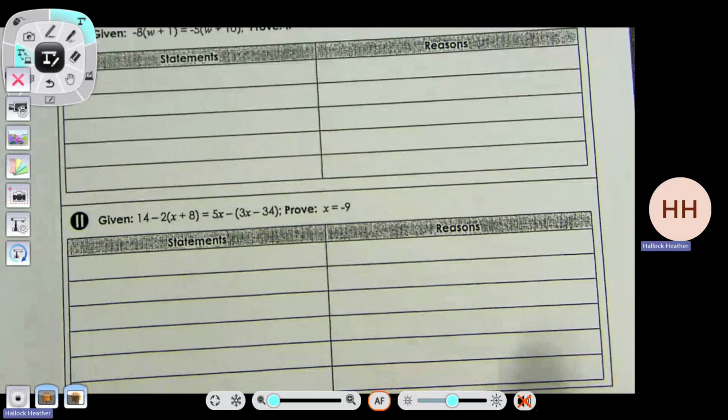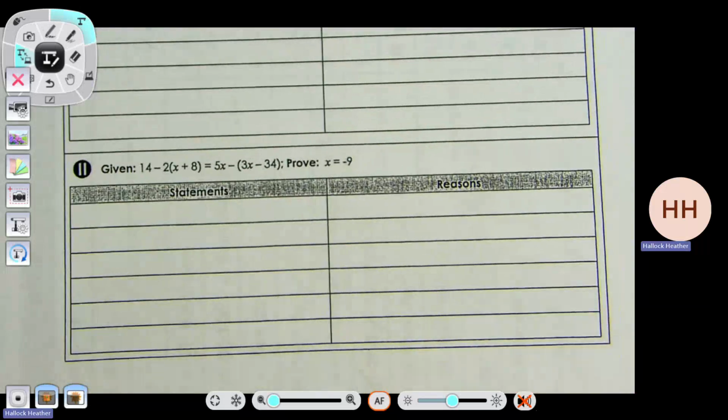11 says, given 14 minus 2 times x minus 8 equals 5x minus 3x minus 34, prove x equals -9. So the problem goes in the first step.